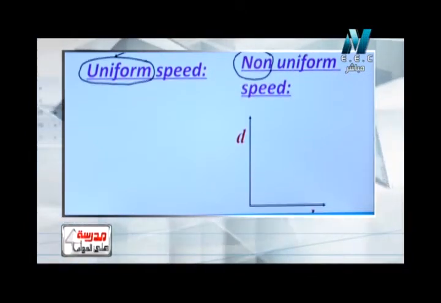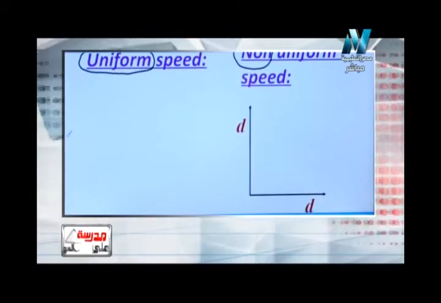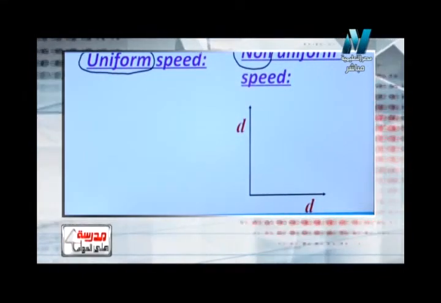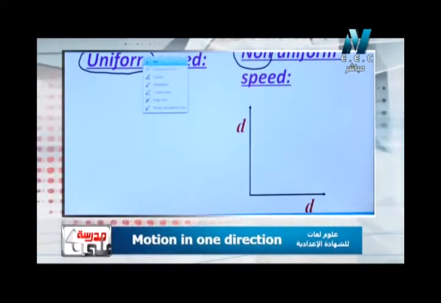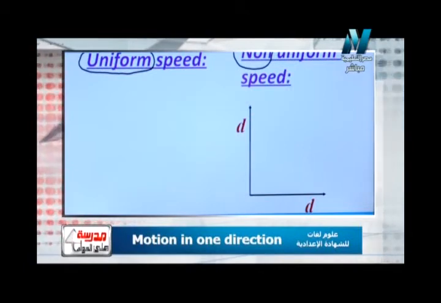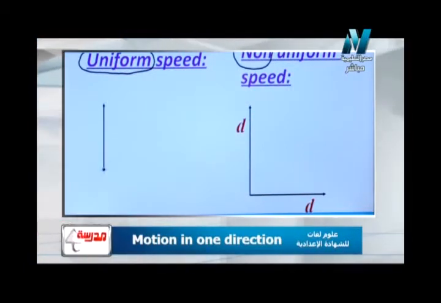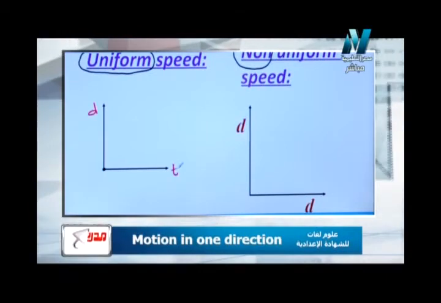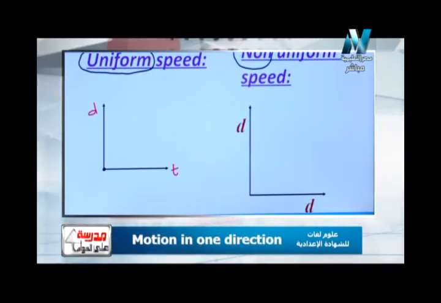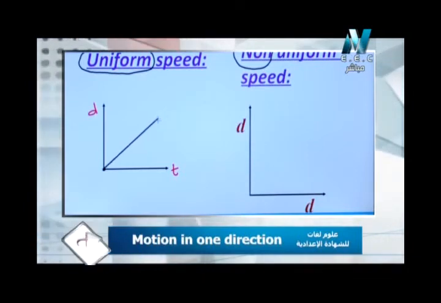And we have to know the graphical representation of the two types of speed. For regular or uniform speed, as you see, dear students, we have two axes, D and T. We should draw a straight line that passes through the origin point, as you see in front of you.